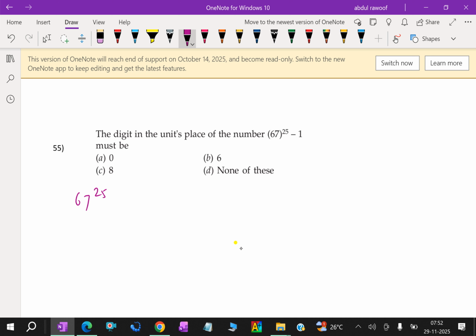The unit digit of 7 power 25, because 67 can be split as 60 plus 7.